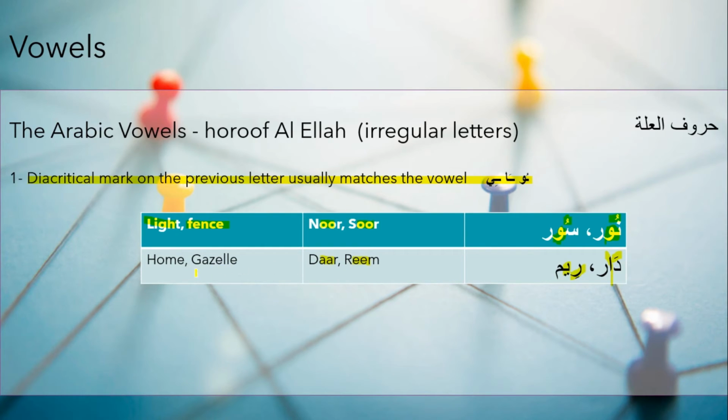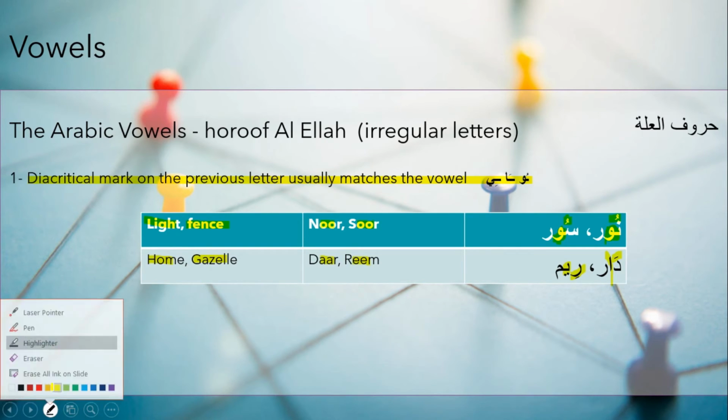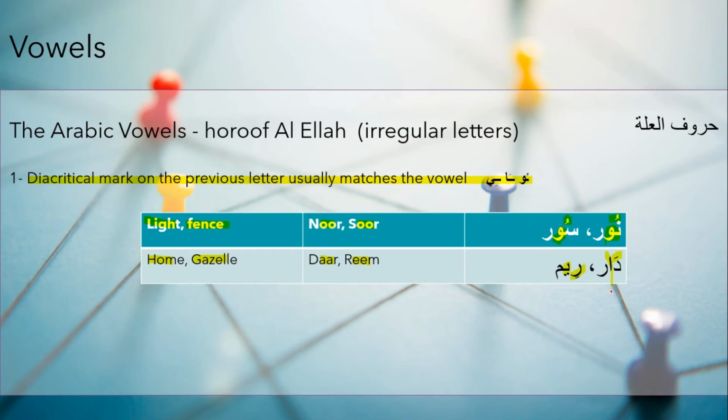So light and thin. Even when you are trying to use the diacritical mark fatha, dar, or the kasra, reem, again, we are using alif because it expresses the fatha. We are using ya because it expresses the kasra on reem. So I'll write dar here. Dar, I'm using fatha to express the diacritical mark over the letter dal, and it's mandatory that the next letter would be alif.